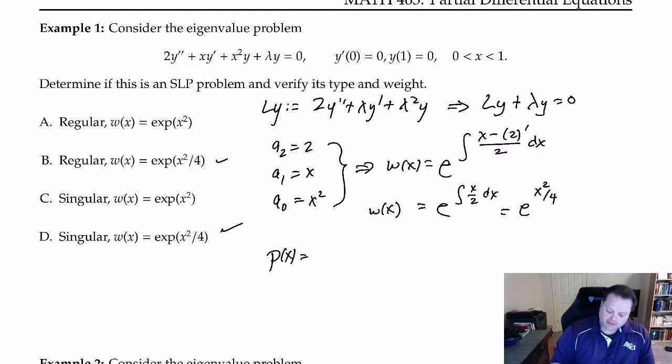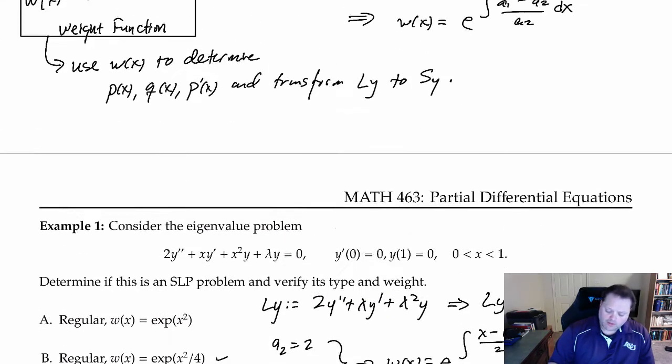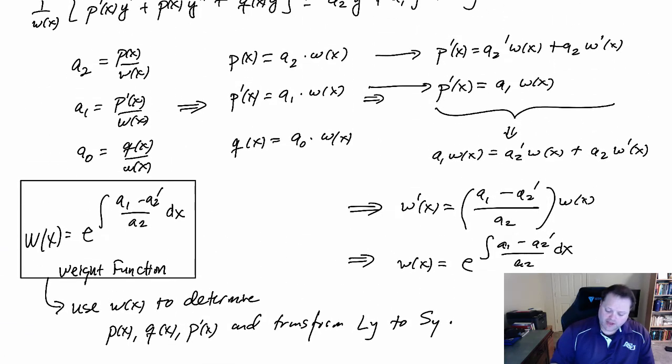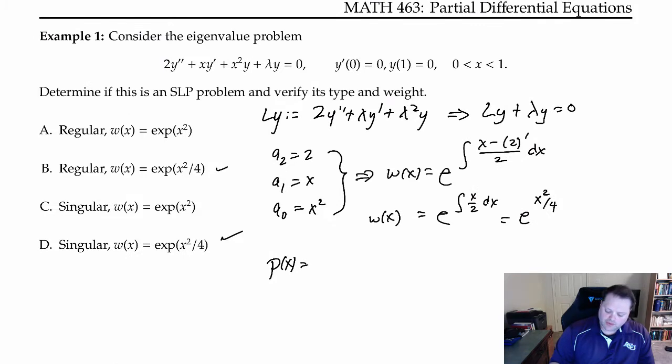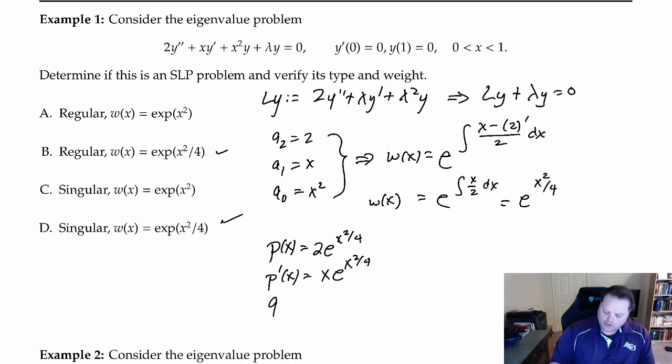P of x, if you go back up to our formulas here, P of x is a2w. So a2 times w. P prime is a1 times w. And q is a0 times w.